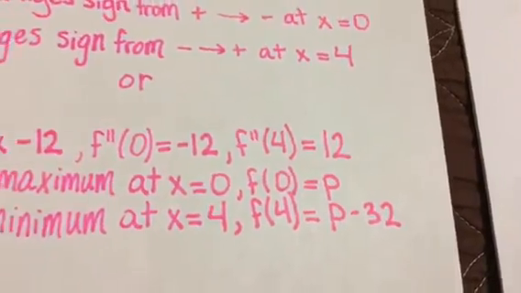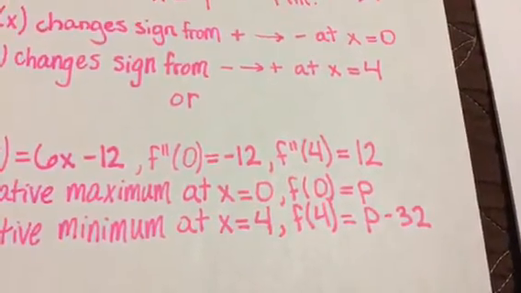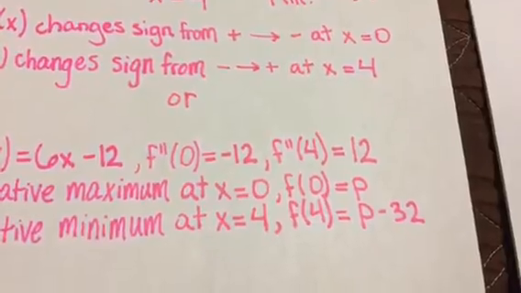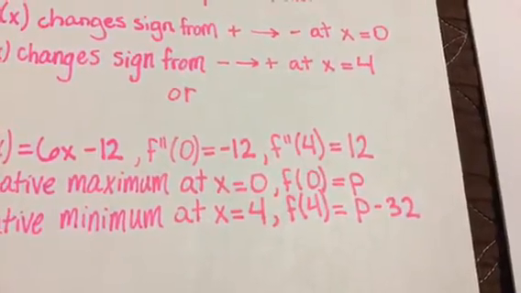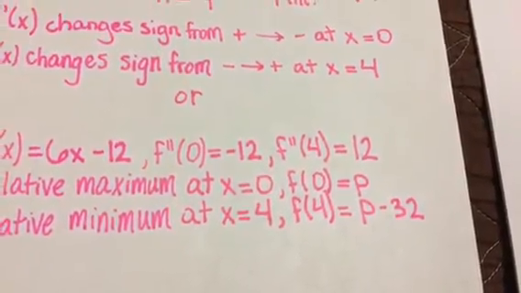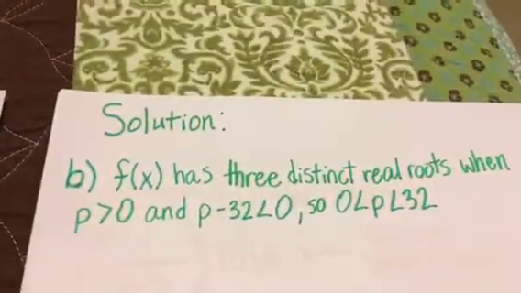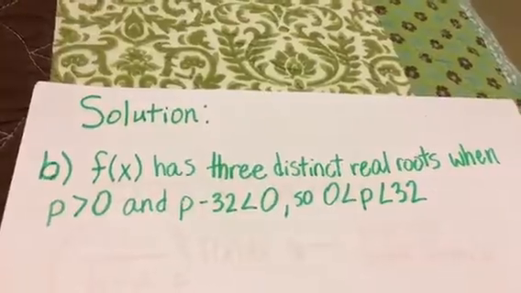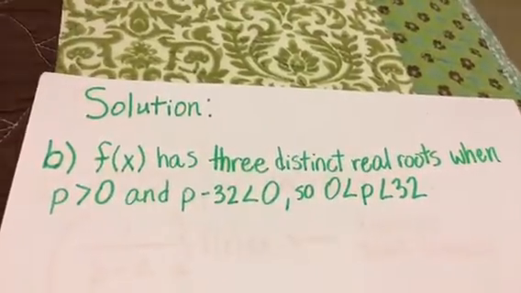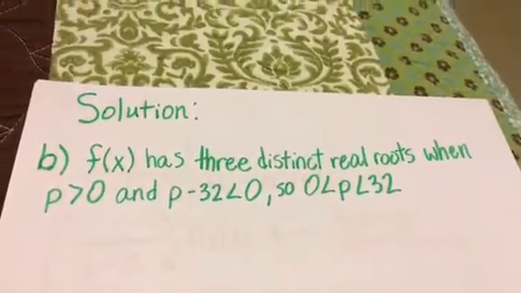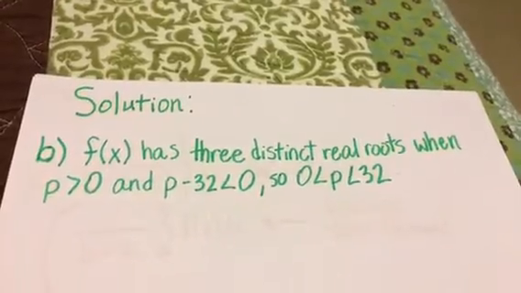Now, since f of 0 equals p is a maximum, that would have to be greater than 0. And since f of 4 equals p minus 32 is a minimum, it would have to be less than 0, as shown here. Now, if you solve that, you would see that p is greater than 0, but less than 32. And that shows your 3 distinct real roots.